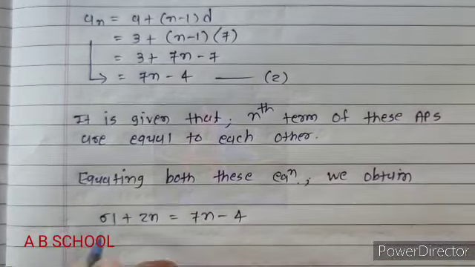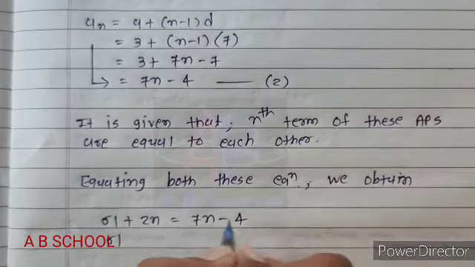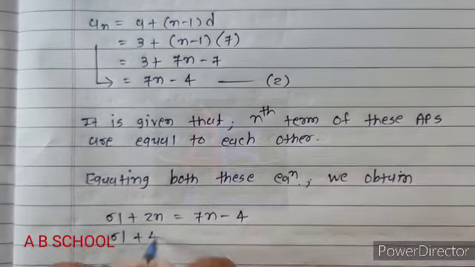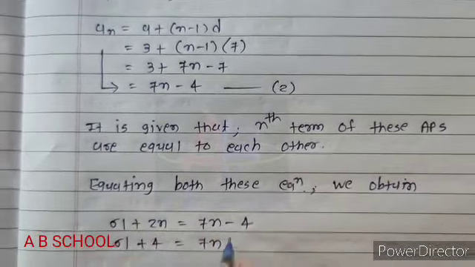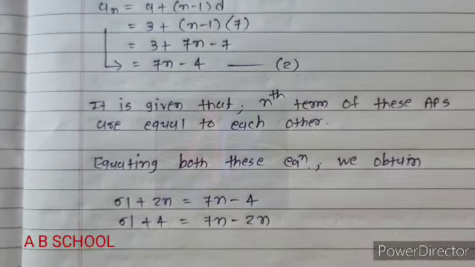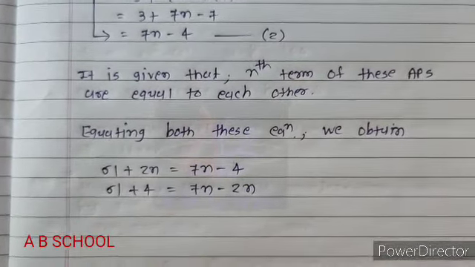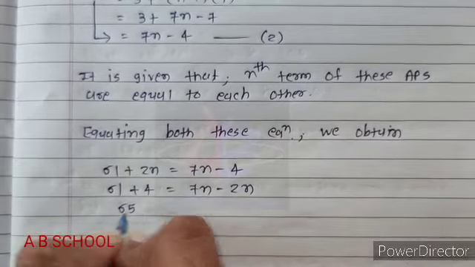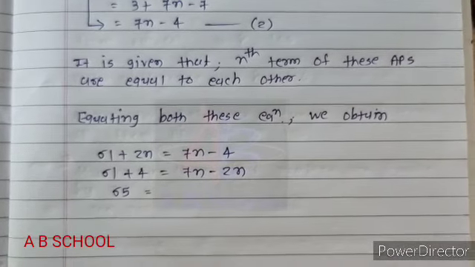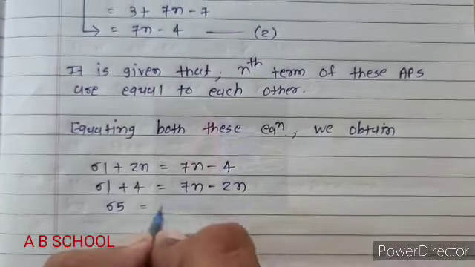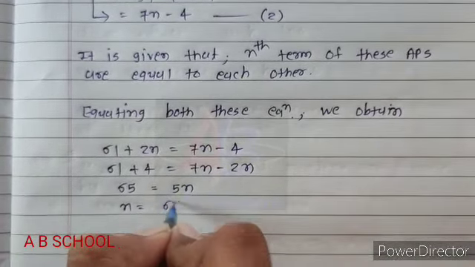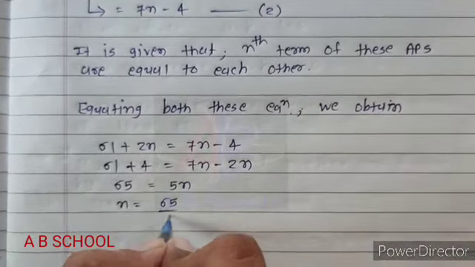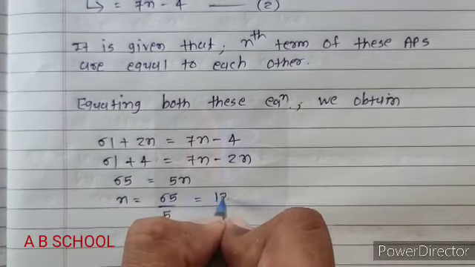Okay, so 61 and minus 4, we will shift here so it converts into plus 4, and 7n and 2n, we will shift so minus 2n. 61 plus 4, 65 is equal to 7n minus 2n, 5n. So n is equal to 65 divided by 5 is equal to 13.